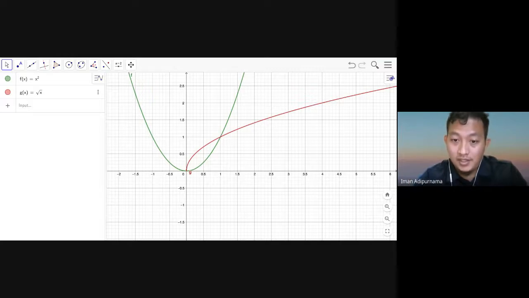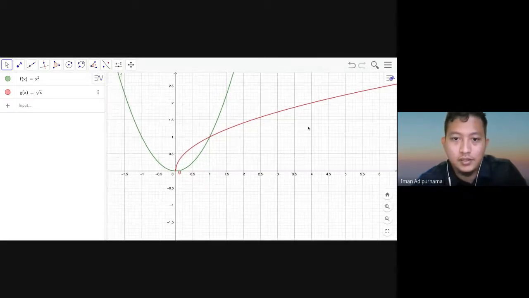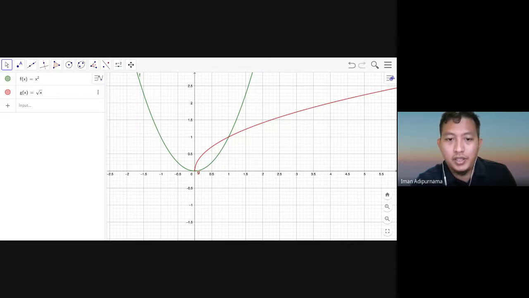So we stop the domain only from zero to here, right? From 0 to infinity there. So it's not disappearing. We restricted the domain.